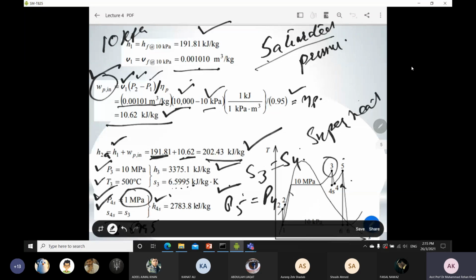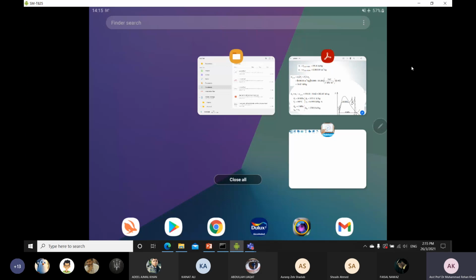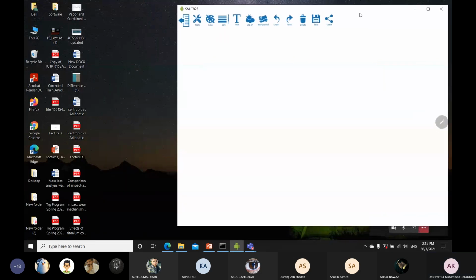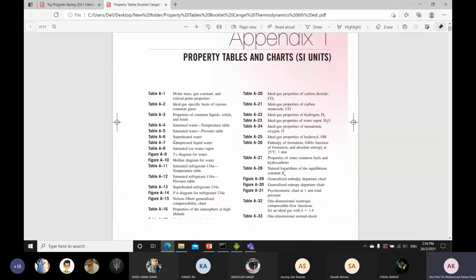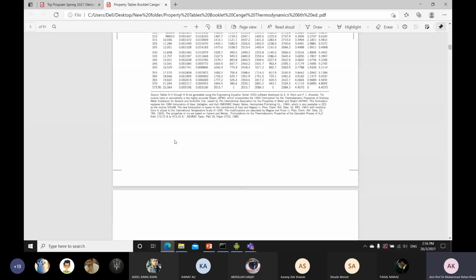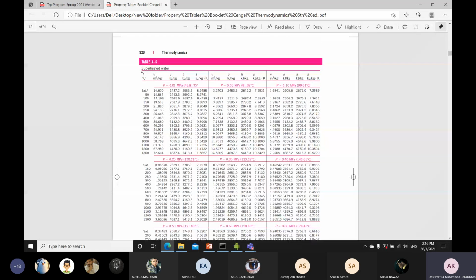Now coming towards the interpolation, how we find the values. You have to open your thermodynamic table and find the superheated one. So just go to the superheated tables. This is your superheated water table. Now you have to find the pressure for 4S, which is equal to 1 megapascal.